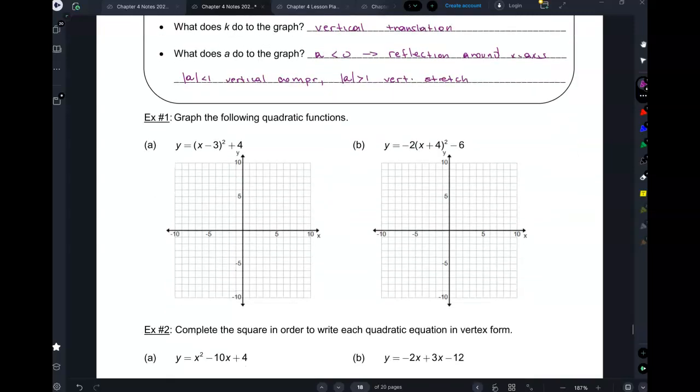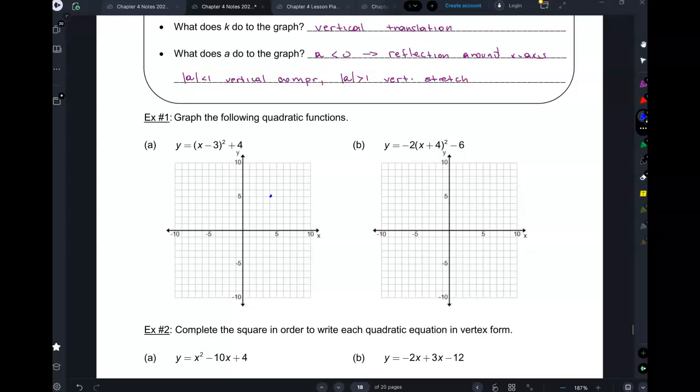Okay, so let's remind ourselves how we graphed this. The vertex here is (3, 4). So I go over to 3, up 4, that's the vertex. And then remember, the a value here is 1. So if I move from the vertex horizontally 1 unit, I go up 1 squared.